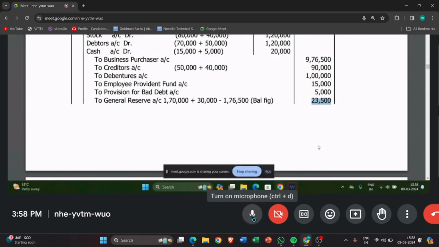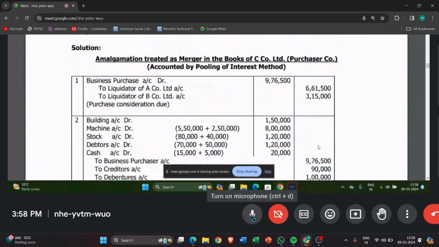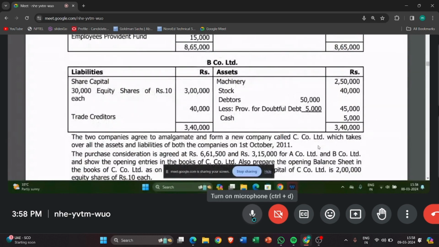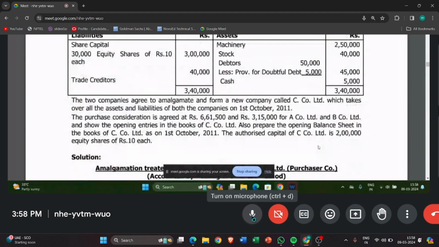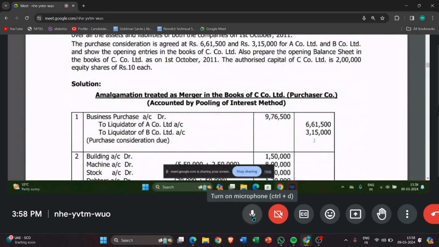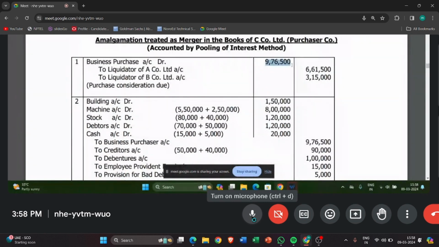Why? Because you have paid less when compared to the net assets. The net assets that you have taken over are your 7 lakhs and your 3 lakhs, that is 10 lakhs of assets you have taken over. But you have paid only 9 lakh 76,500. So you have got a profit because of merger, because of takeover.